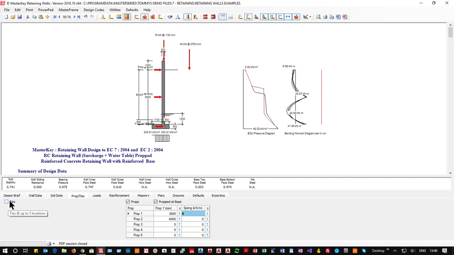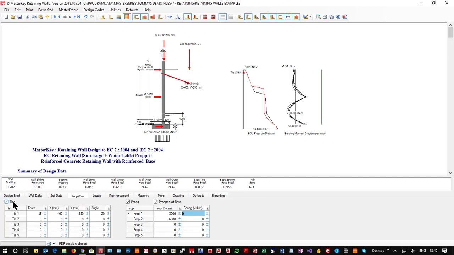Ties is something we don't normally do. It's been in there for a long time. I don't see many people doing ties. Ties are usually pulled into the soil, the opposite from a prop, but the advantage of a tie is it can actually have an angle. So the ties can come in at an angle and be applied down the wall.